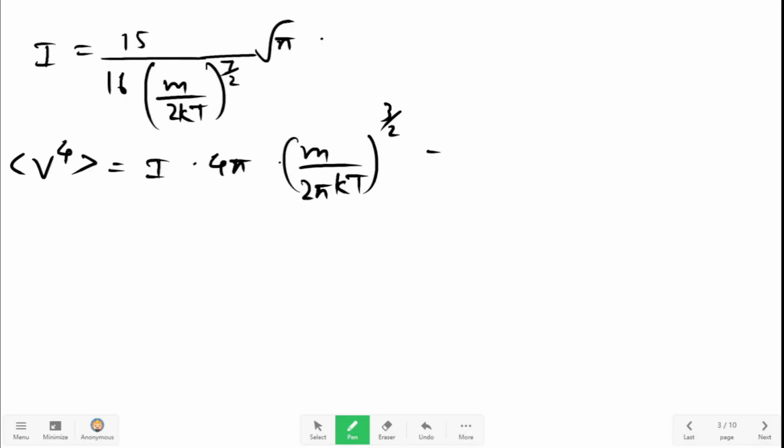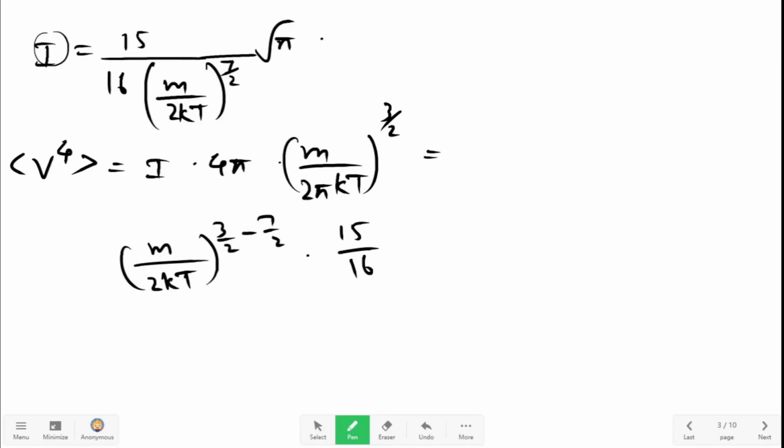This is equal to m by 2 kt the whole raised to 3 by 2 minus 7 by 2, minus 7 by 2 is from this I, and then we have 15 by 16 times 4 times pi raised to, there is a pi here, and then there is a root pi in the I, and then there is a pi raised to minus 3 by 2 here.